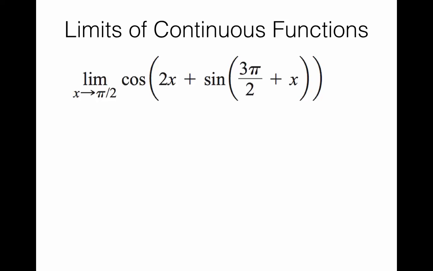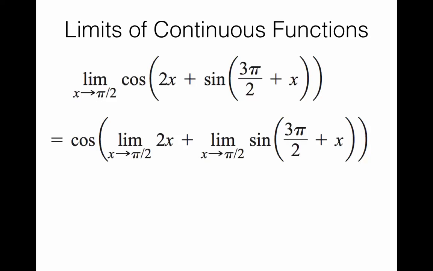So since cosine is a continuous function everywhere, I can pass the limit inside the cosine function and obtain this: the cosine of the limit of 2x plus the limit of sine of 3 pi over 2 plus x as x approaches pi over 2. So this is a consequence of the previous statement, using the fact that cosine is continuous.